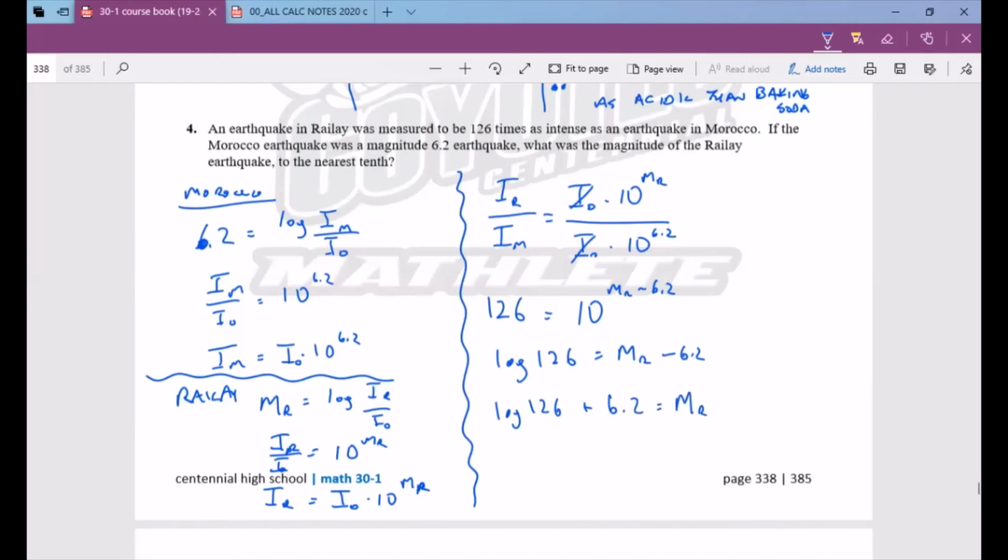MR ends up being 8.3. Therefore, the Rayleigh earthquake has a magnitude of 8.3. And that's all.